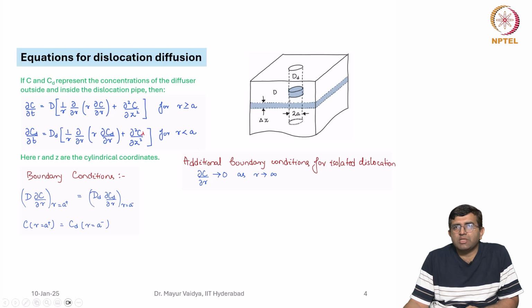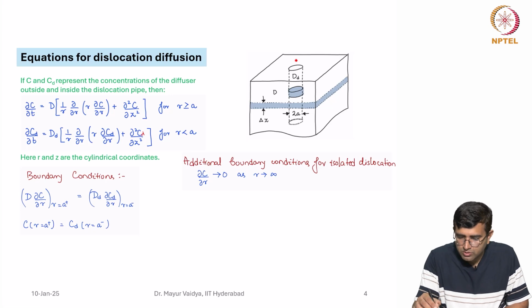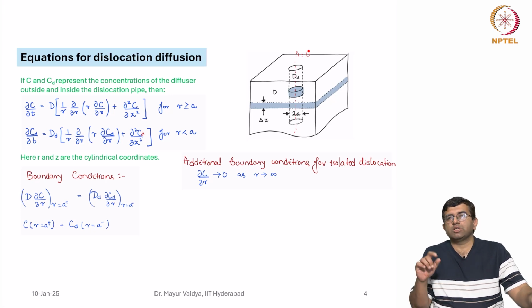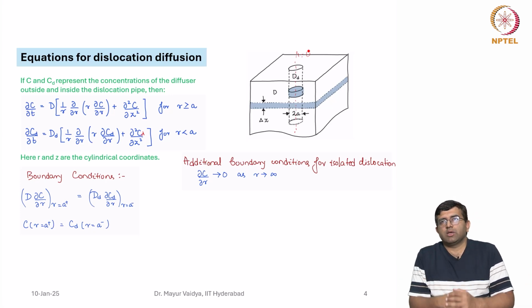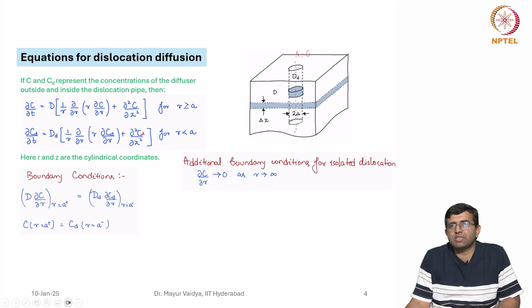If you take the origin somewhere here in the middle, this is your r = 0, theta = 0, z = 0. This is the origin, which is along the center of the dislocation. So this position is a, the distance, the radius.